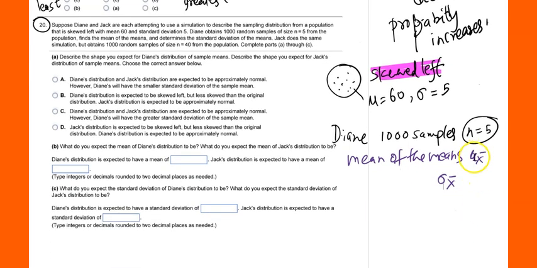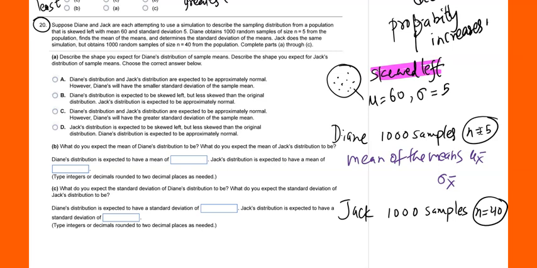That means she finds mu x bar and sigma x bar. Correct? Jack does the same, but Jack chooses 1000 samples of size 40. Again, notice that Jack's sample size is 40, Diane's sample size is 5.